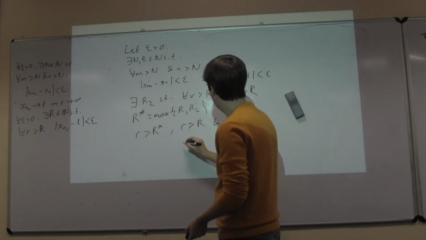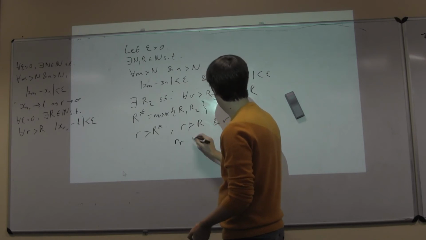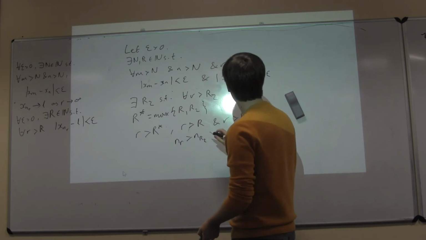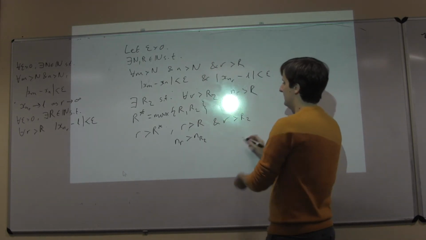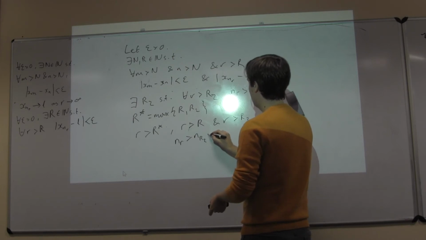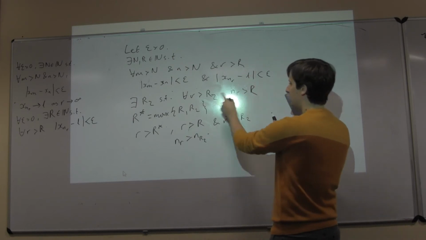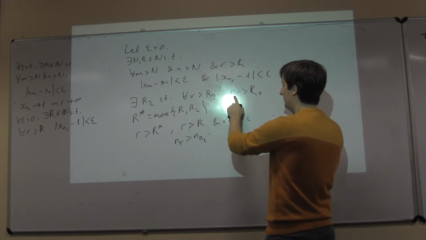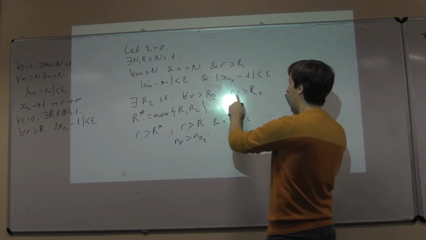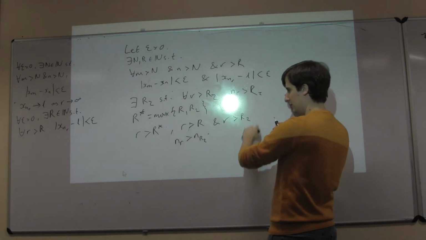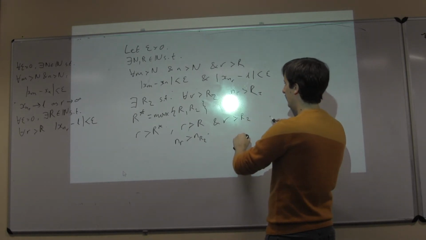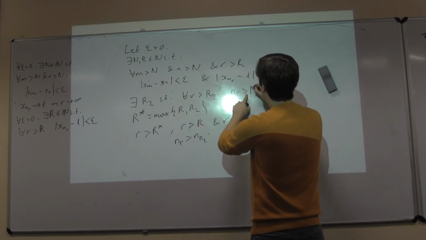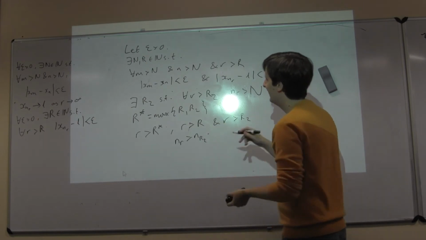Okay, but that means that n_r is bigger than n_r2, okay, and we know by assumption we defined r2 such that for all r bigger than r2, n_r was bigger than N. Oh, what am I doing? Sorry. So let me step back a bit.